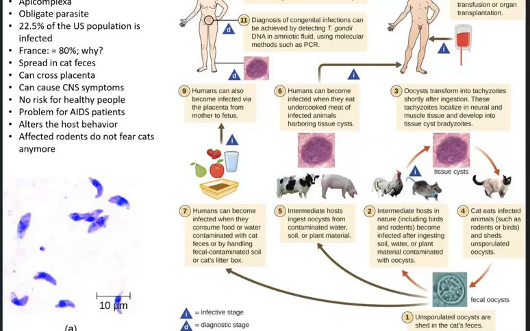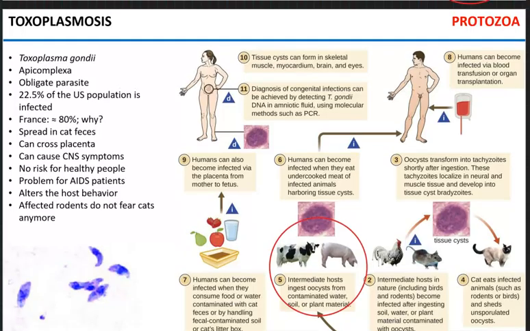So you have the cysts in the fecal matter that get consumed by pigs or cows, and then we butcher, cook, and eat those tasty animals. Okay, that makes sense?